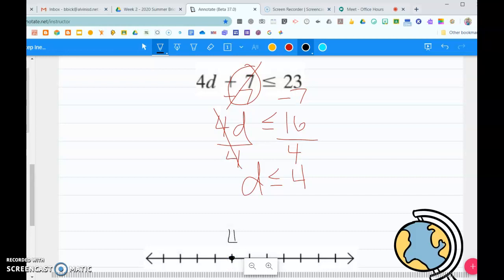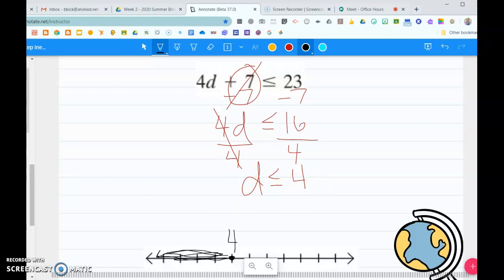And we're going to label that with a 4. And then d can be less than or equal to 4. So on a number line, less than goes to the left. So you would shade everything to the left. Something that is important to pay attention to is you want your variable to be on the left. That way it's easier to see how you would shade.